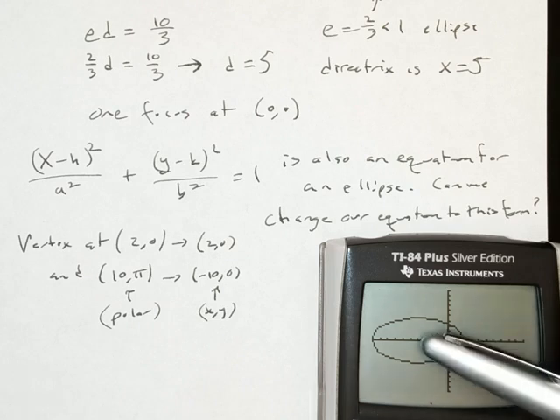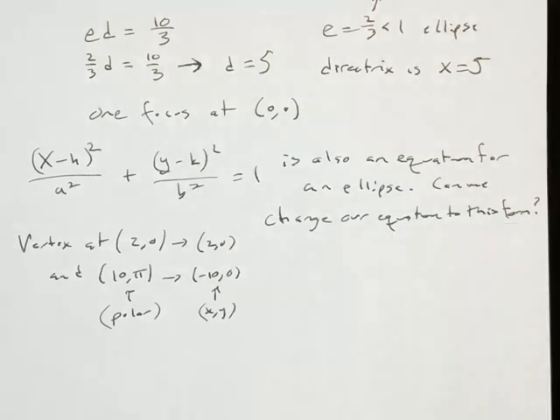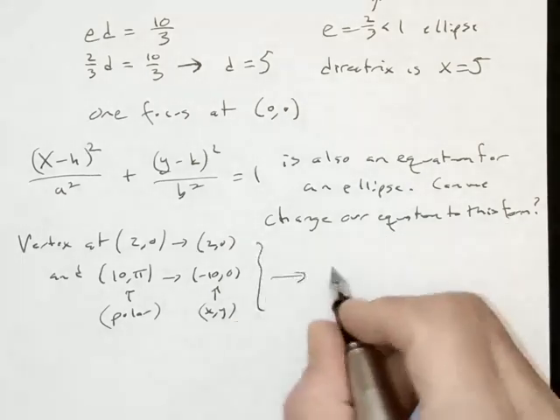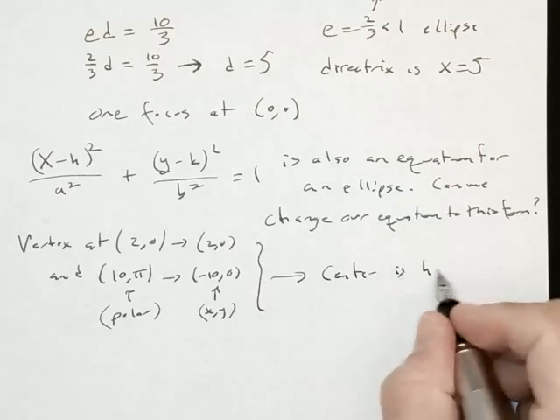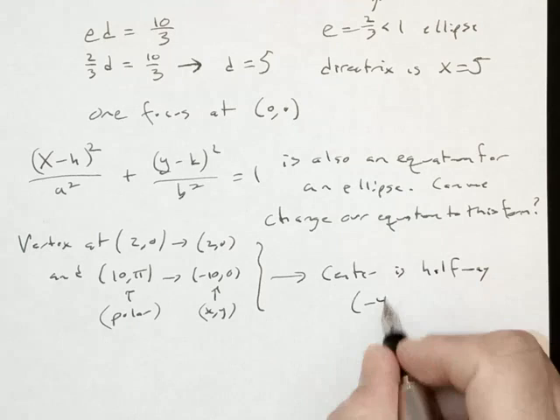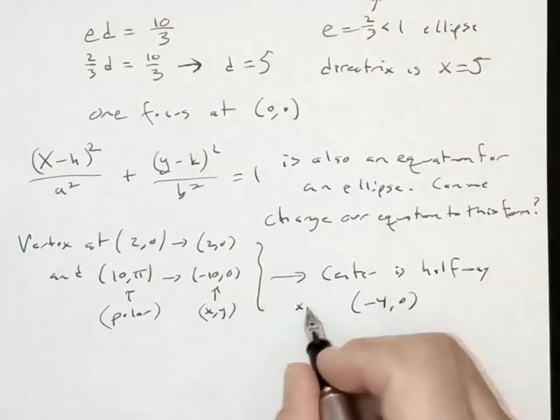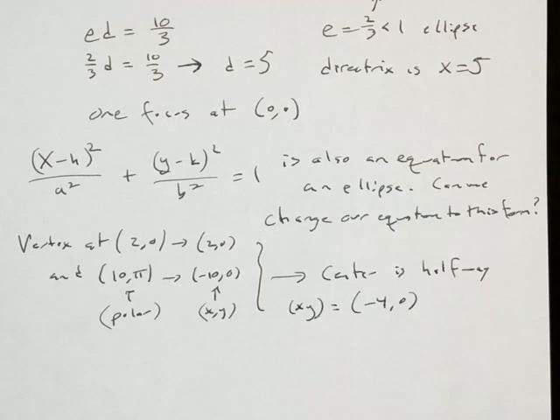That means that the center is right there at -4, 0. What letters do those two numbers go with? -4 and 0. That's exactly right. But wait, I know one more number in here.